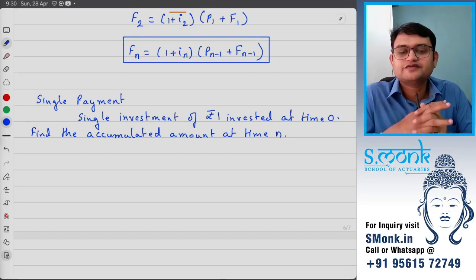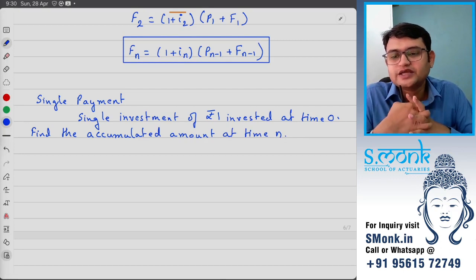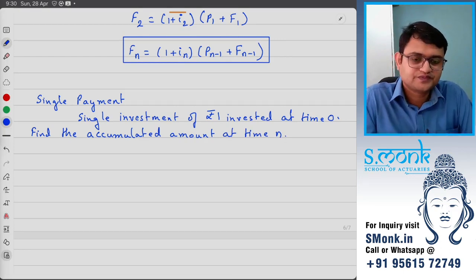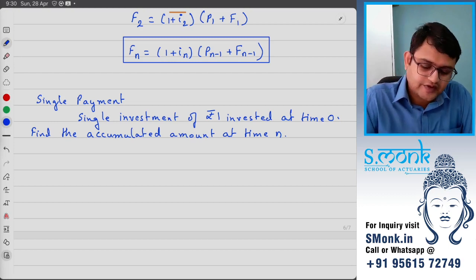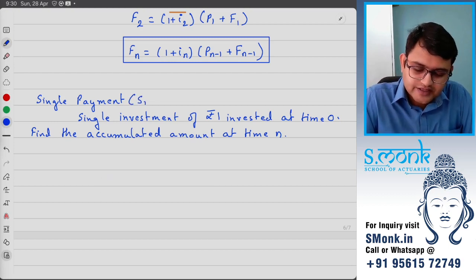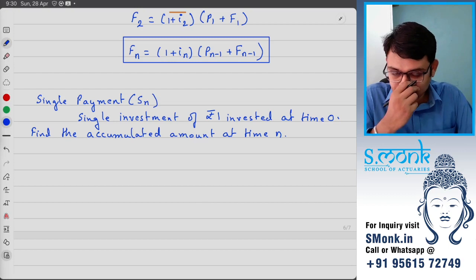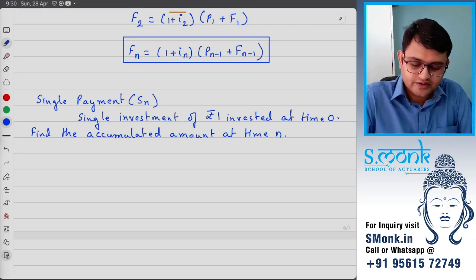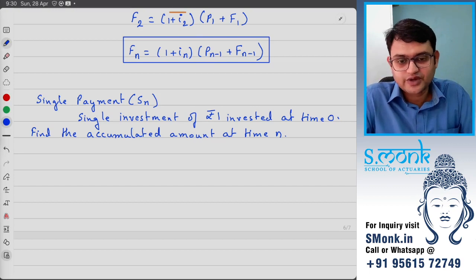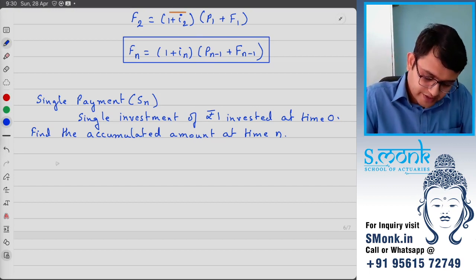So we are saying we have a single investment of rupees 1 invested at time 0, and we are finding the accumulated amount at time n, and we'll write that as Sn.